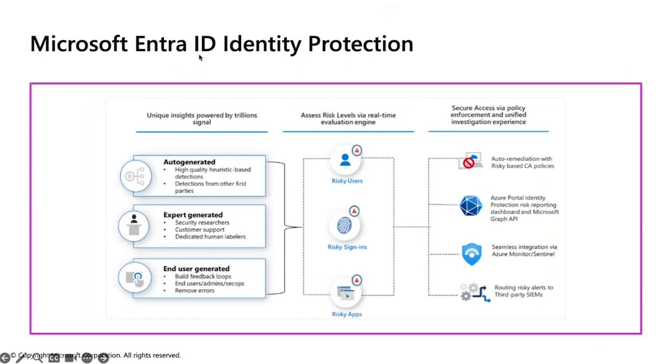Basically, this detects risky users, risky sign-ins, and risky applications, and on this basis you can create a policy for how you want to deal with them. We can also send these signals to Sentinel, or transfer them to third-party SIEM solutions. We have a reporting dashboard where we see all this information, like risky users, risky sign-ins, and risky applications.